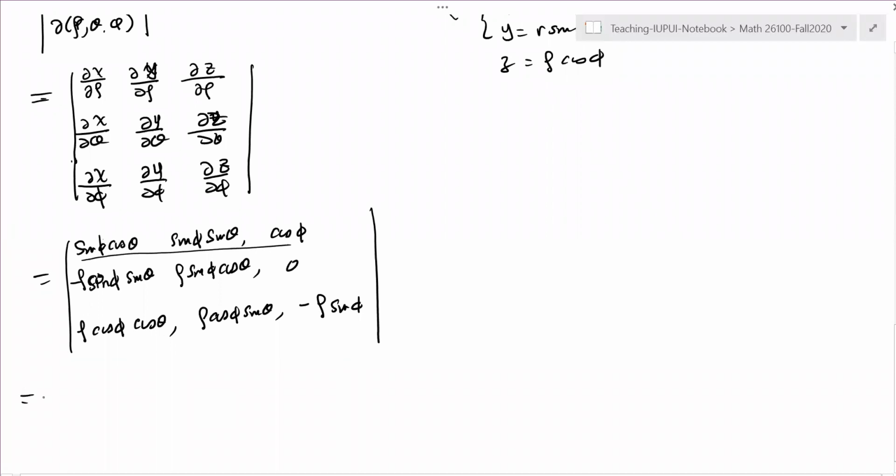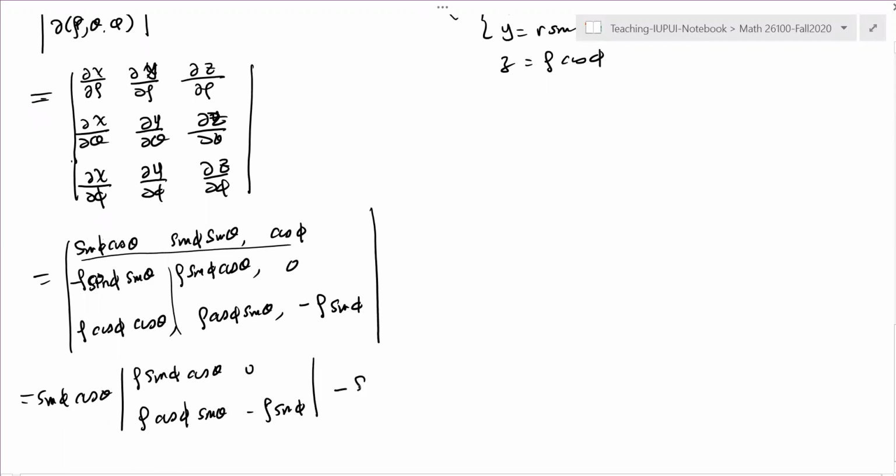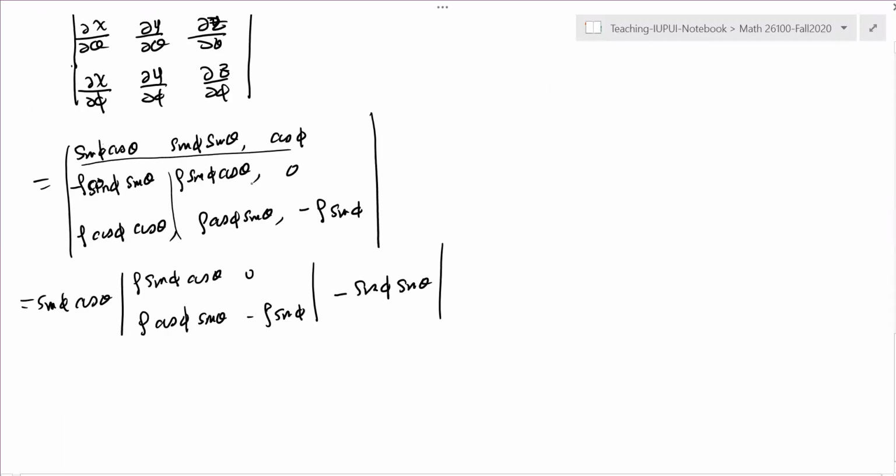So it will be sine phi cosine theta times the determinant of this matrix, rho sine phi cosine theta, and then negative sine phi sine theta times the matrix of these two, negative rho sine phi sine theta, 0, and rho cosine phi cosine theta, negative rho sine phi.